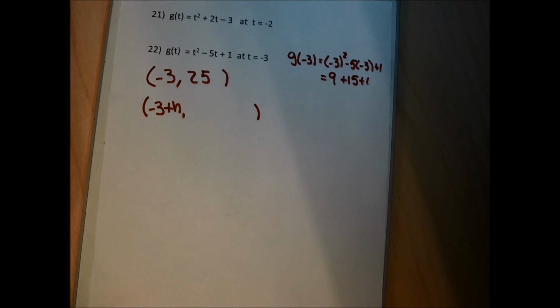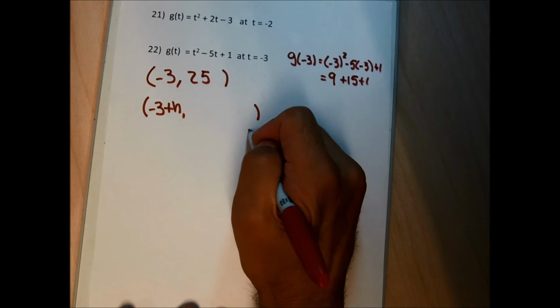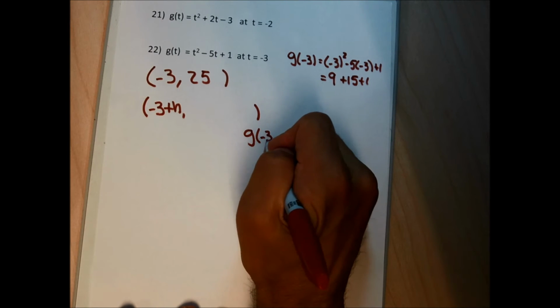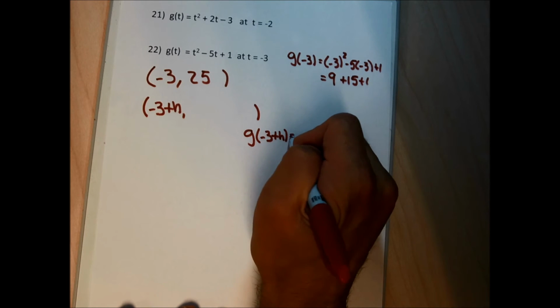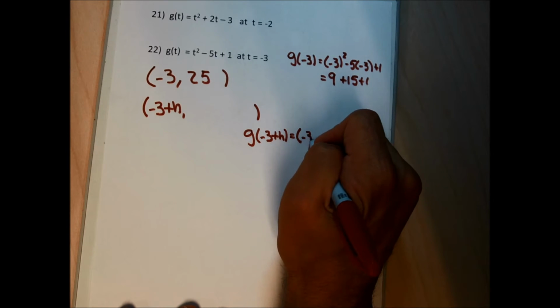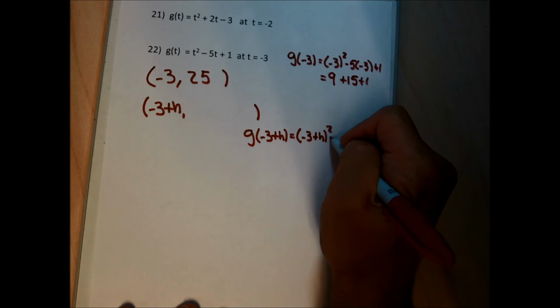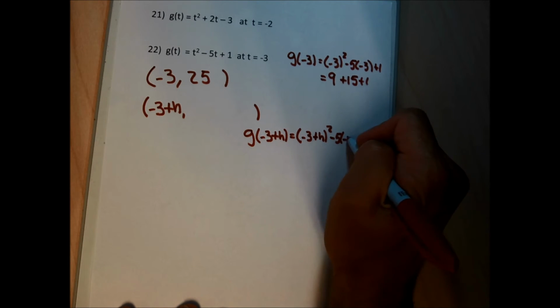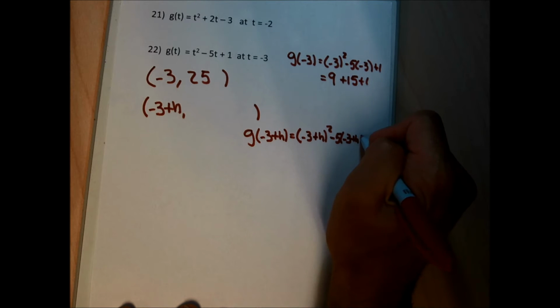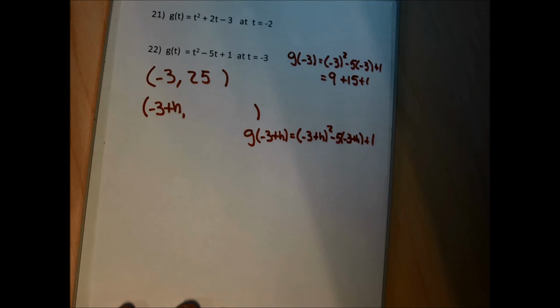Now I need to do my next y, which is the ugly y. I get g of -3 plus h, which is -3 plus h squared minus 5 times -3 plus h, plus 1.